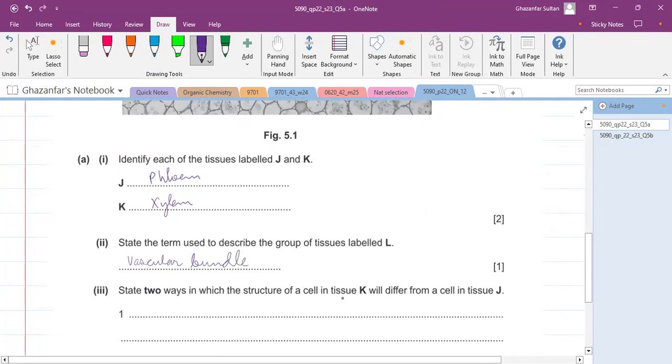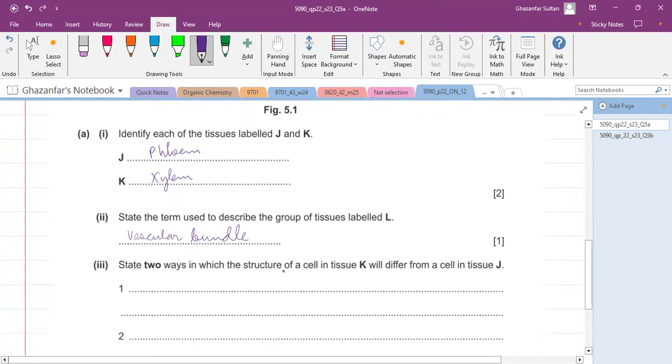State two ways in which the structure of a cell in tissue K will differ from a cell in tissue J. As we know, K is xylem and J is phloem, and we have to write the structural differences between these two.